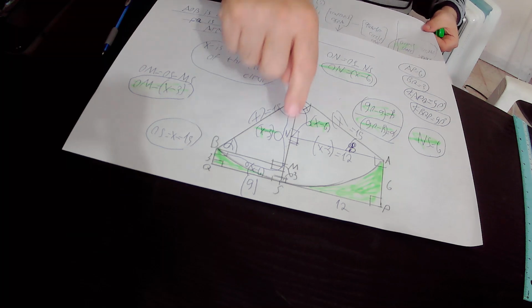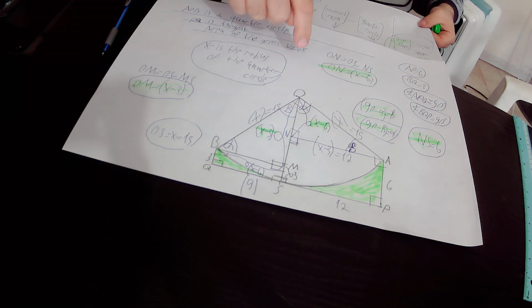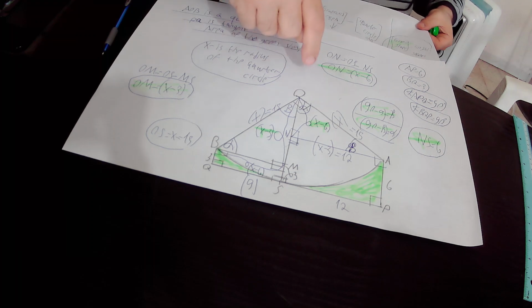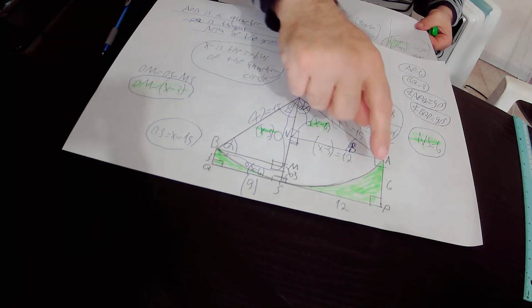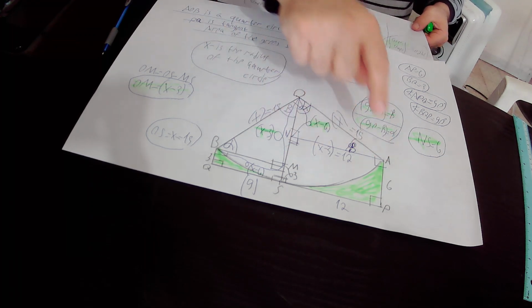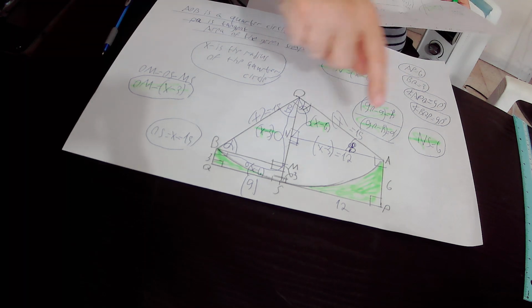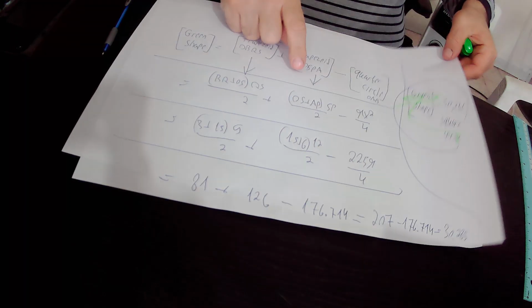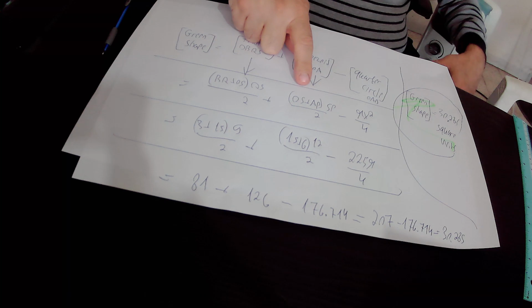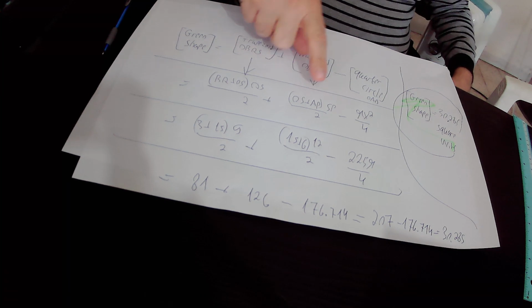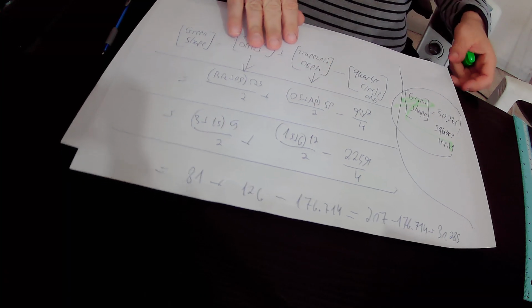What is the area of trapezoid OSPA? It equals the sum of its bases, that is OS plus AP, times the height SP, over 2.